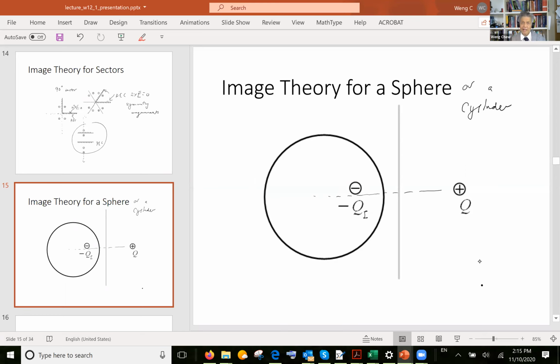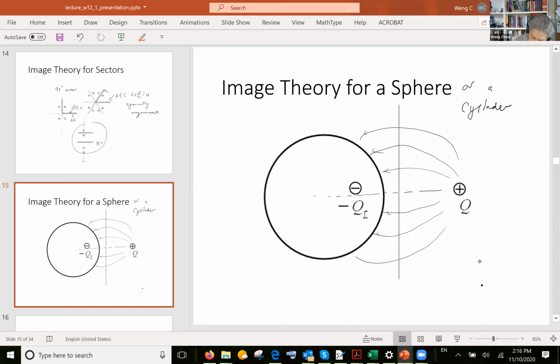Okay, and then you can show by arguments that if you adjust Q image judiciously and put its location also judiciously, you can get the electric field to have no tangential component on this sphere surface.